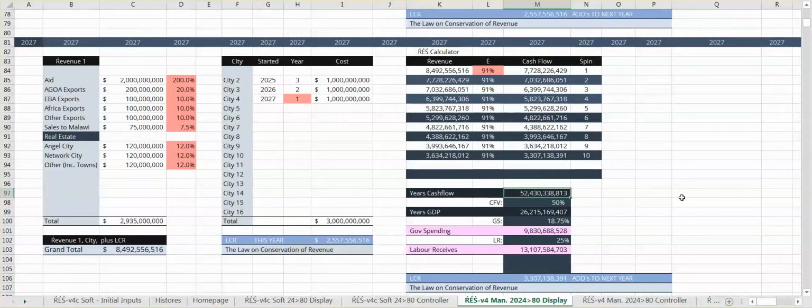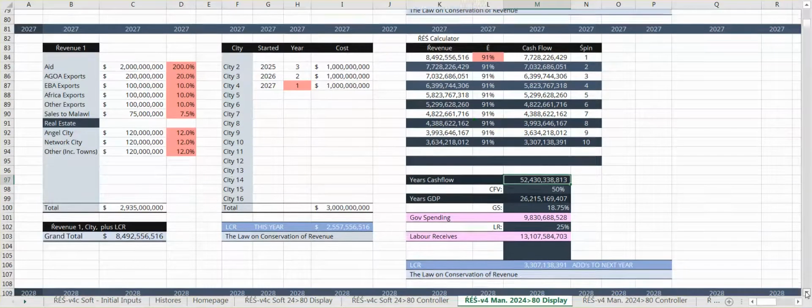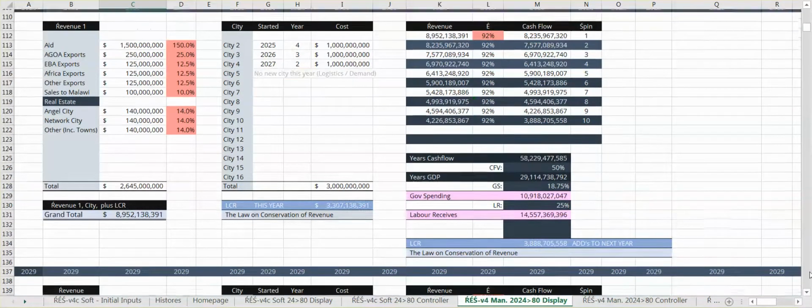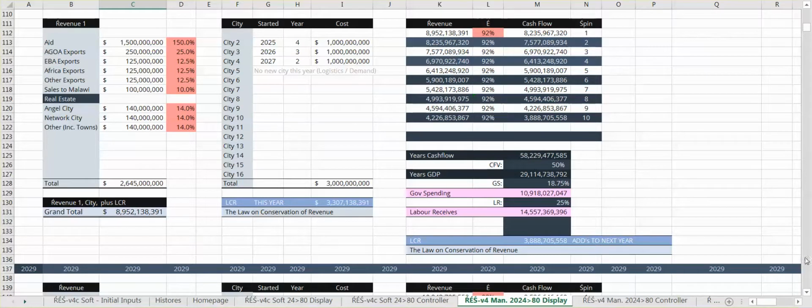Next, revenue increases over the following years, and because of this, by 2031, aid is no longer a factor. So let's just see. You see these figures over the left. We're starting with aid of 2 billion there. Goes to 1.5 as other incomes increase and E increases.